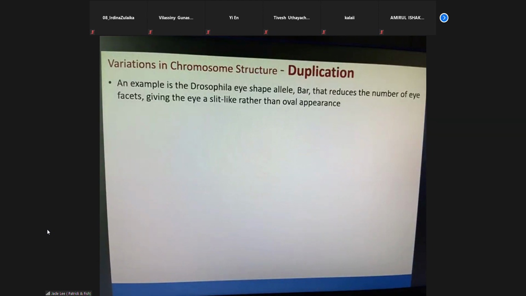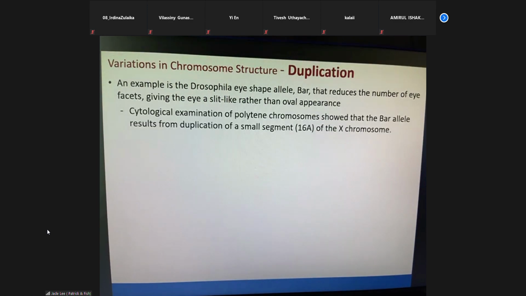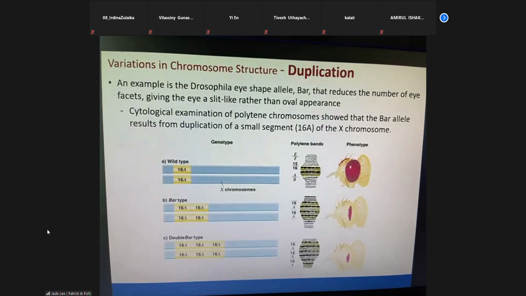So, an example of Drosophila eyes allele, which we call the bar, that reduces the number of the eyes facet, giving the eyes a slit-like rather than an oval appearance. Contohnya di sini. The cytological examinations of the polytene chromosome show that the bar allele results from the duplication of the small segment of 16A of the X chromosome.